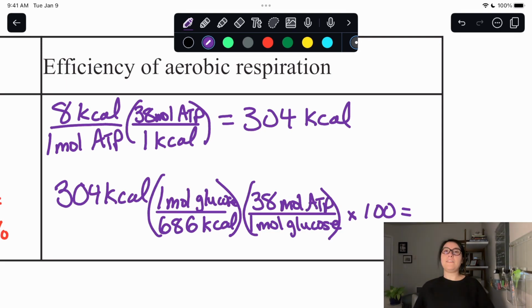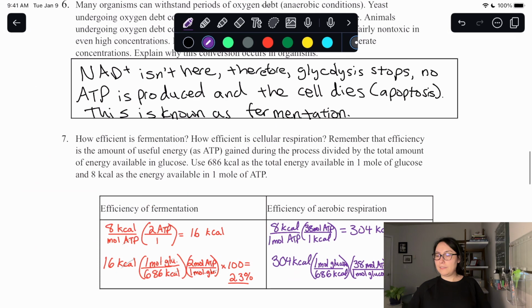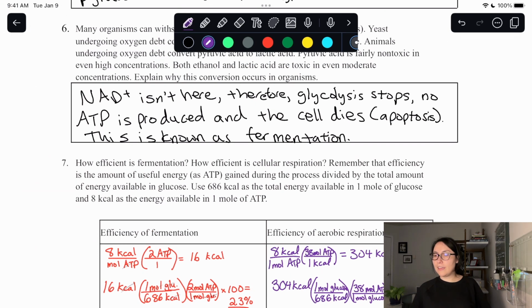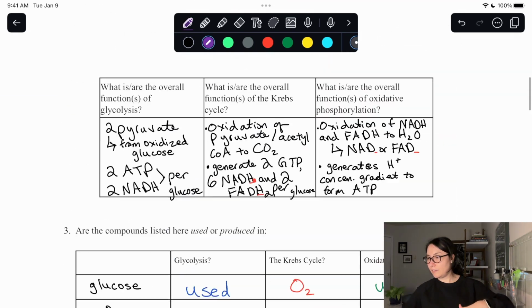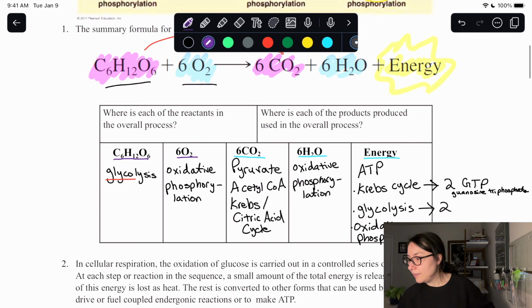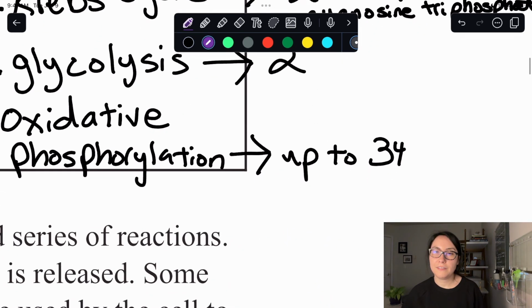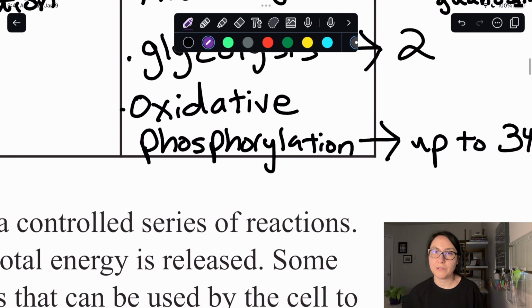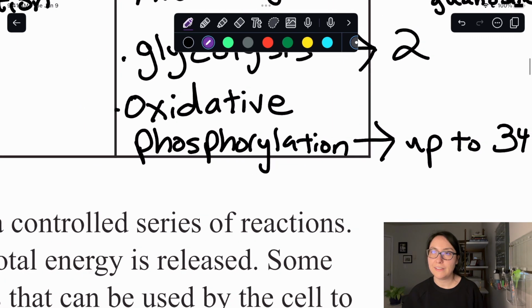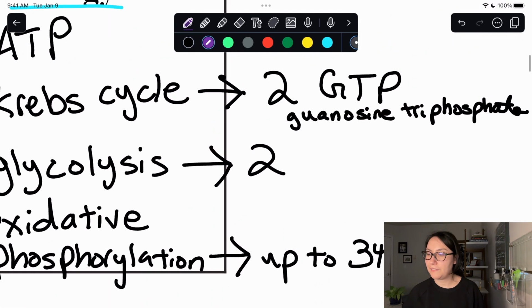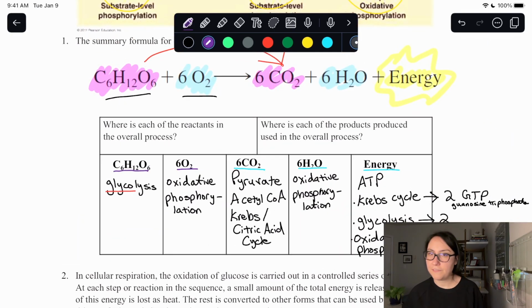If you're wondering why such a big number, it's a gigantic number because that's the conversion factor for aerobic respiration. Because, going back up, that is a lot of ATP that is generated from oxidative phosphorylation, right? Now 34 plus 2 plus 2 gives you what?